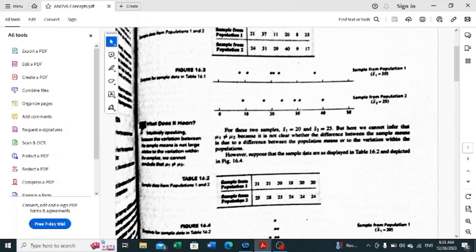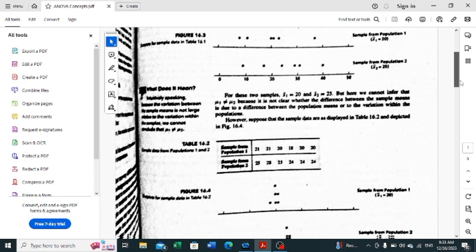If we want to draw a conclusion about the difference between the two population means, the first situation is ambiguous because there is an overlap between the two data sets, and that is because their standard deviations are relatively higher.